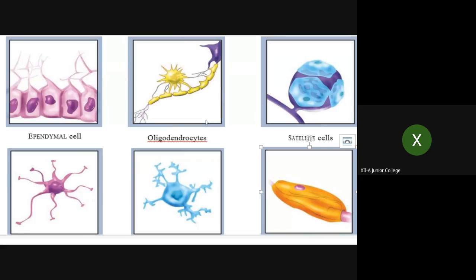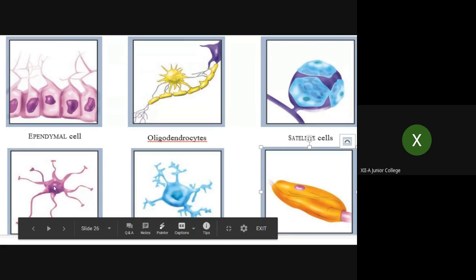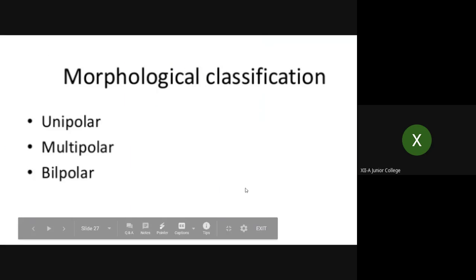And this is the satellite cell, where only the nucleus is prominent, as we were just discussing. Then this astrocyte is star shaped, giving the appearance of an aster. Then these are the microglia, very small in size, with a single nucleus at the center, monocytic and phagocytic in function. And this is the Schwann cell, where the axon is covered by the myelin sheath. So these are the different types of neuroglial cells.